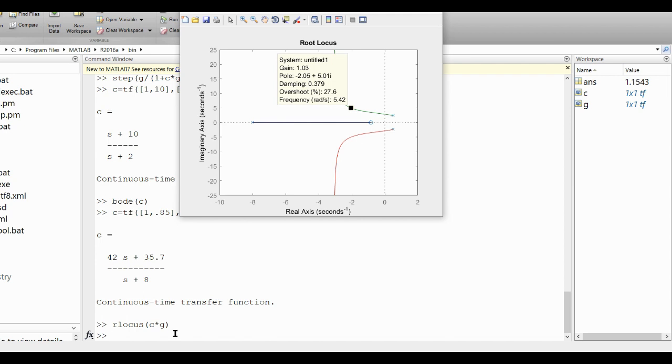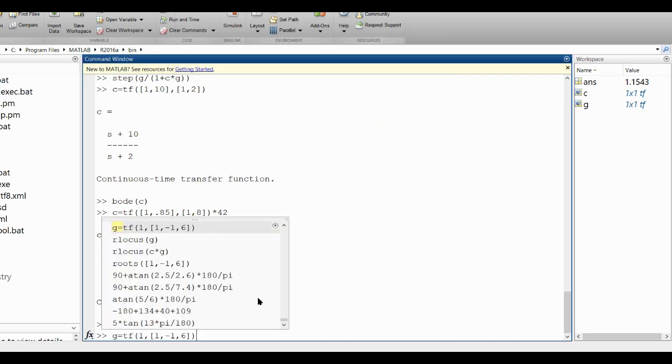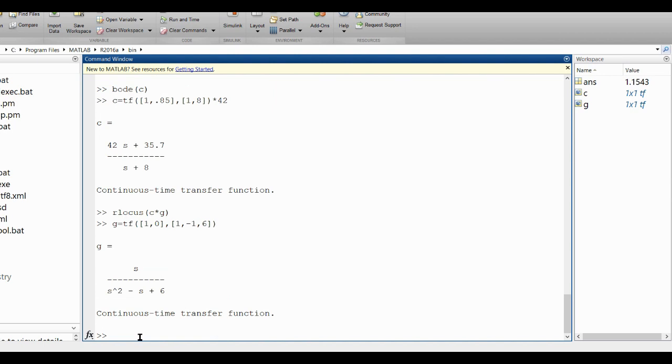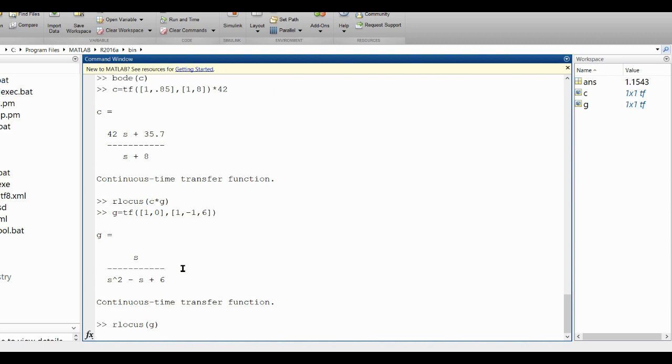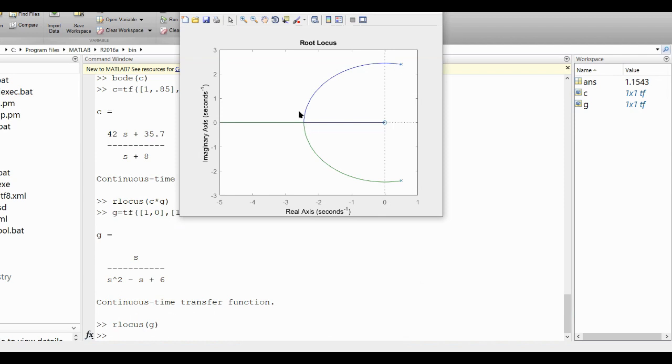We can take another example where we can say TF, we can say 1, 0, right? And then if we look at the root locus plot of G, so now there is a derivative on top, you see. When we look at the root locus plot of G, it comes in anyway, and then it sort of goes in over there.